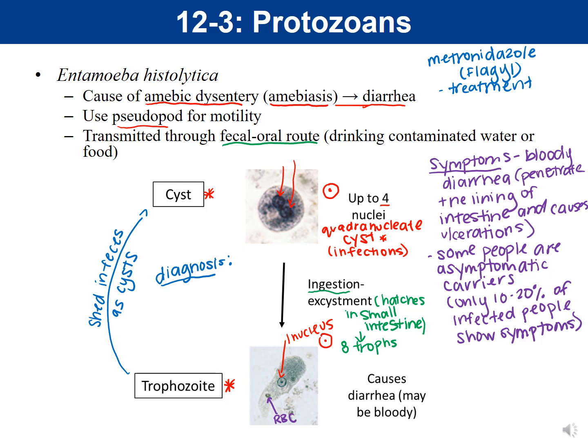So the way that this is diagnosed is looking at a stool sample to look for cysts or trophs. So the way that this is diagnosed is, again, it's going to be by stool sample. So looking for the presence of these cysts or these trophs in the stool sample.